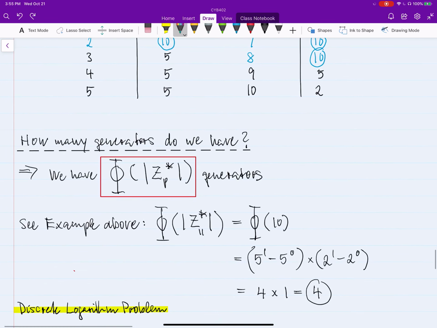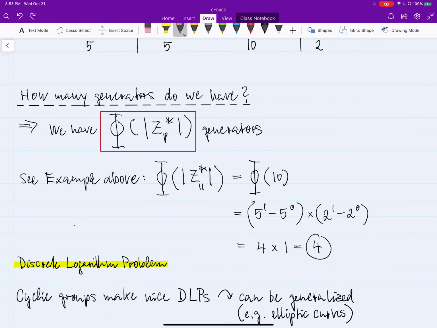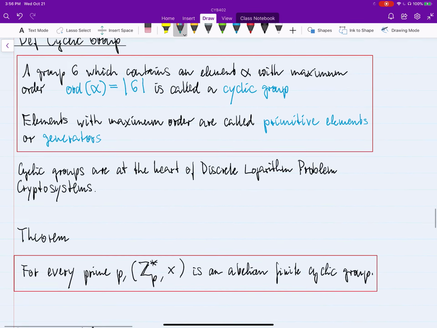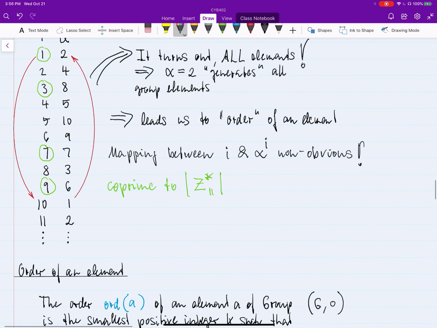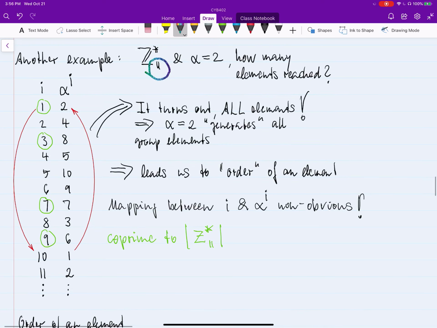So one way to see the rationale behind that, why is that? Well, it turns out that generators can generate other generators. And this is kind of cool. So generators are generated out of other generators by using elements that are relatively prime to P, like 11 here.